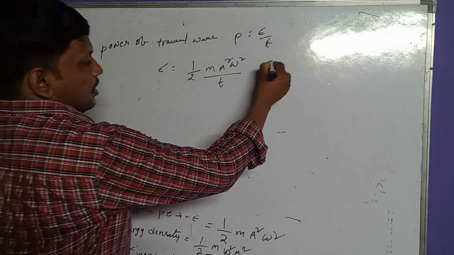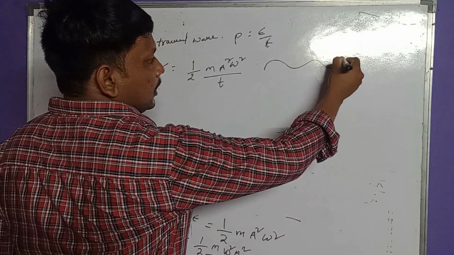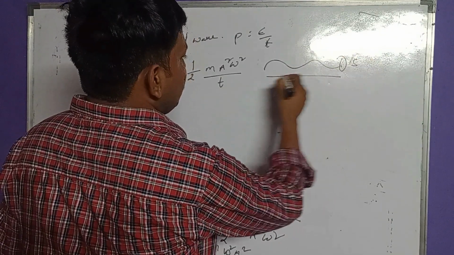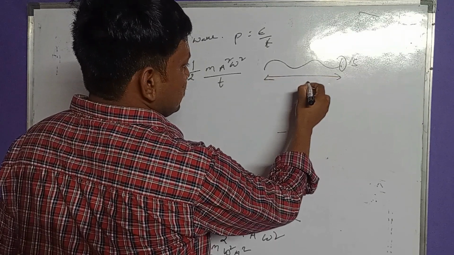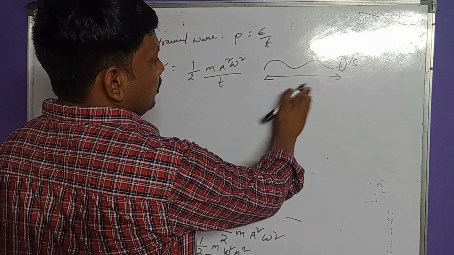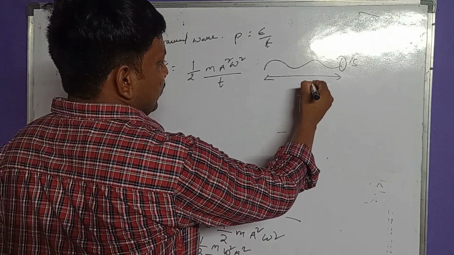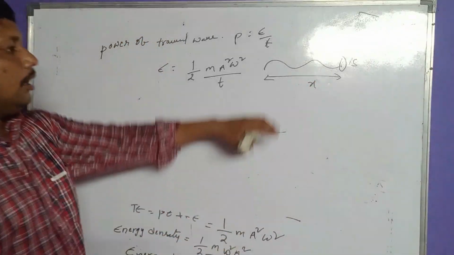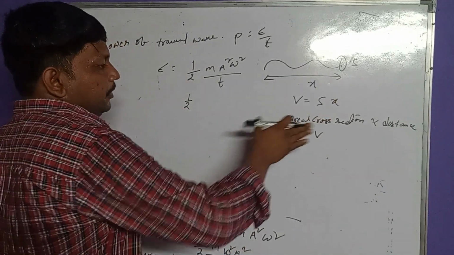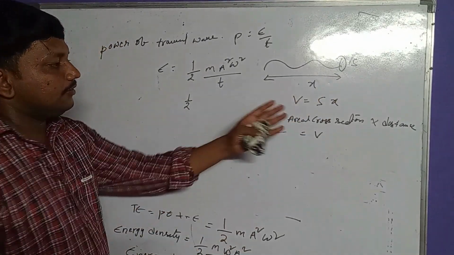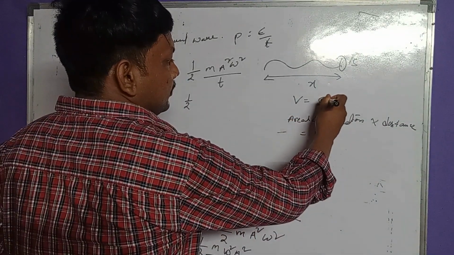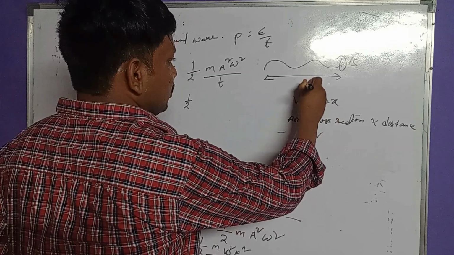The wave is traveling like this. The area of cross section is S. Let's say the distance traveled is delta x. The volume of the medium in the traveling wave is cross section into displacement traveled, that is delta x.